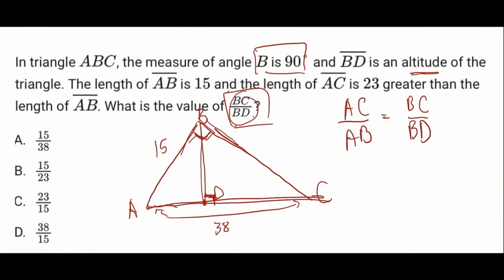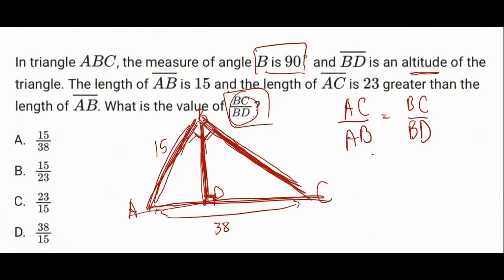So right here, AC over this one is going to be the same as BC, which is the hypotenuse line of triangle BDC, over BD, which is this one, corresponding to AB. Now we have AC as 38 and AB as 15.